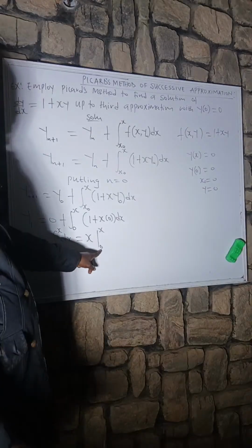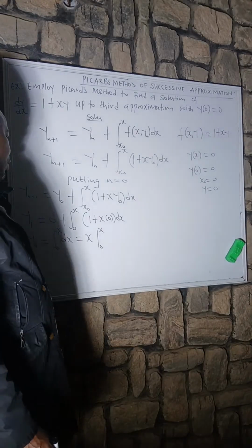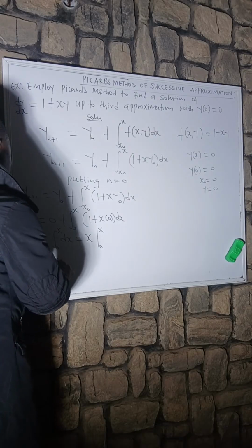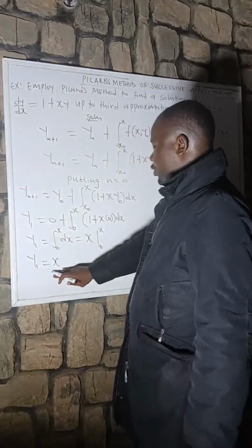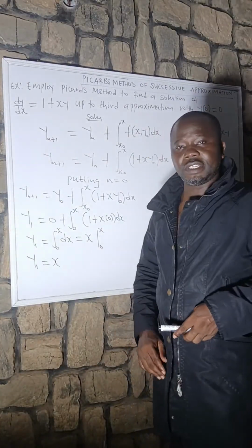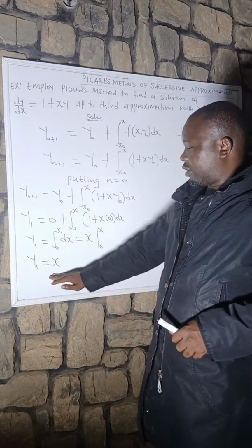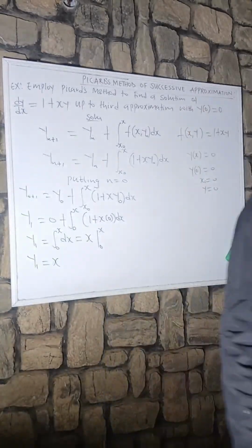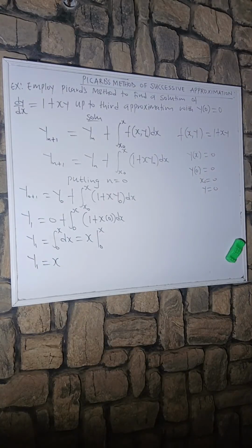If you subtract the lower limit from the upper limit, our y1 is equal to x. This is what we are supposed to have because these are definite integrals. Do you have any question? Please ask before we proceed. No question, so we can proceed.